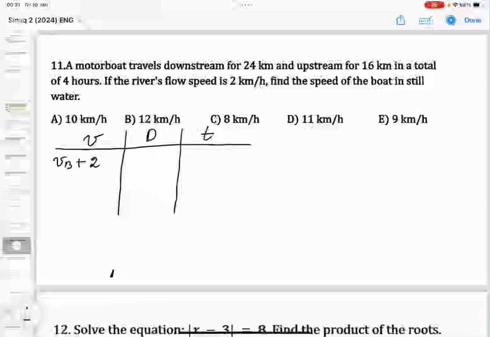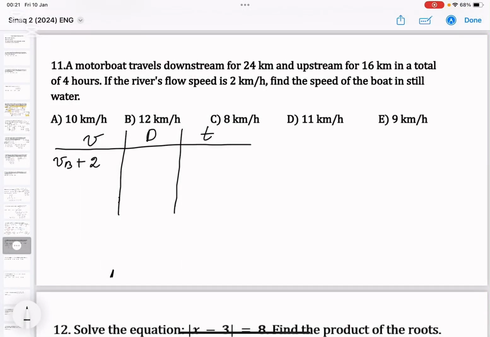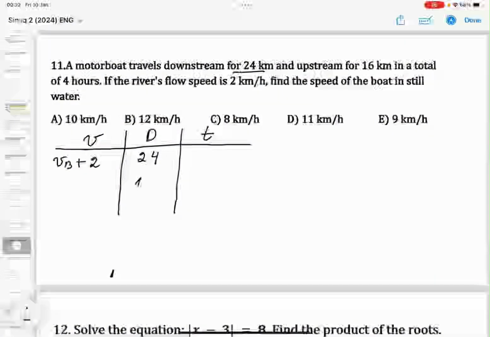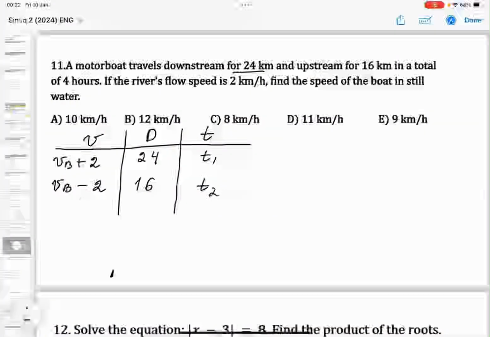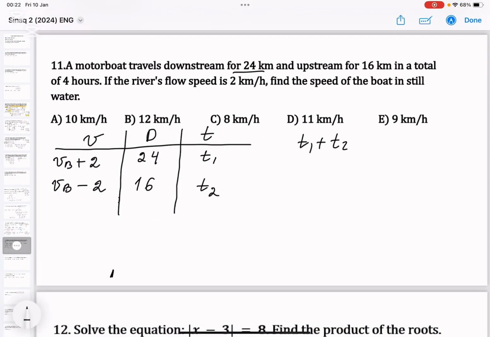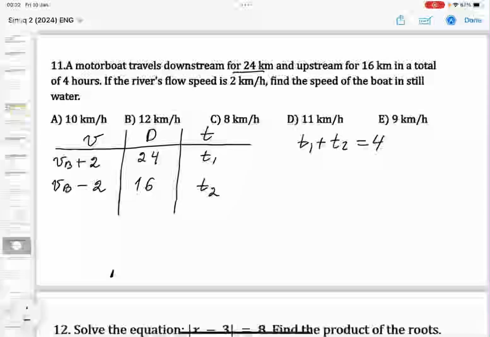Traveling downstream, we have the speed of the boat plus the speed of the current, and you travel downstream for 24 kilometers. Upstream, you travel 16 kilometers at the speed of the boat minus 2. And you spend on the whole journey 4 hours. So say T1 plus T2 equals 4 hours. How do we find T1 given the distance and the speed?